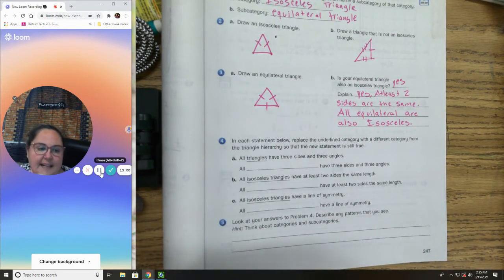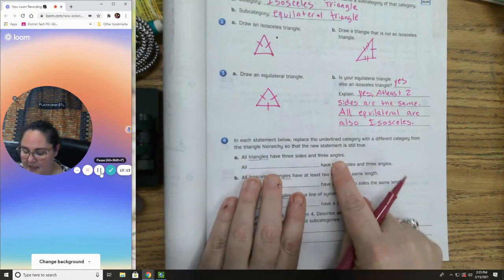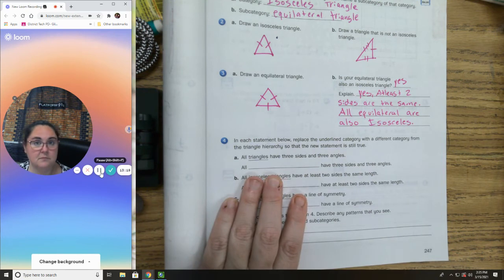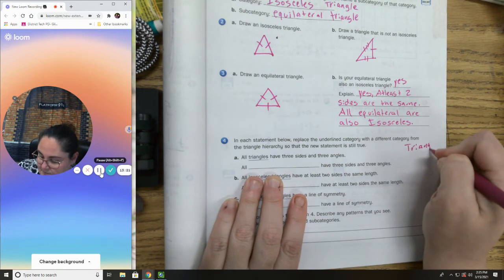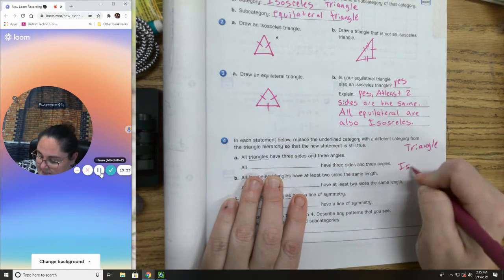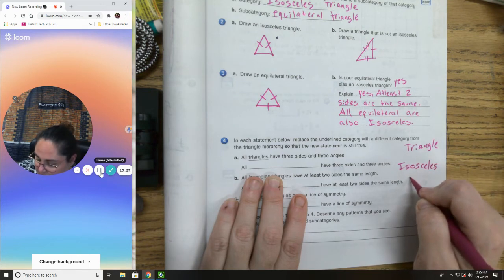All right, in each statement below, replace the underlined category with a different category from the triangle hierarchy so that the new statement is true. Okay, so all triangles have 3 sides and 3 angles. What other category? So we have triangle, isosceles, and equilateral.